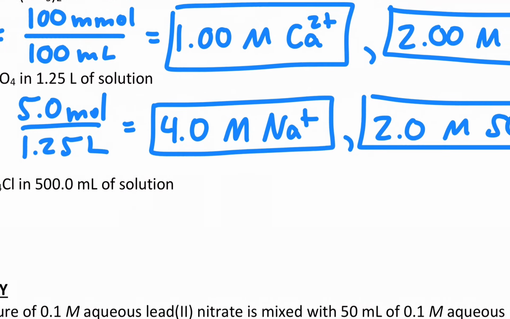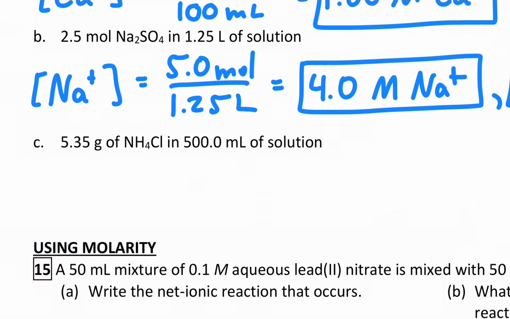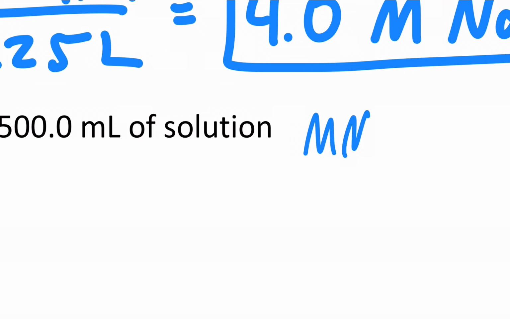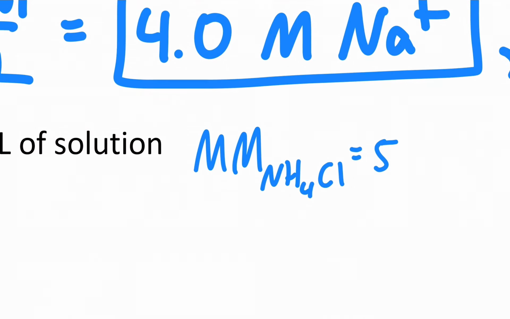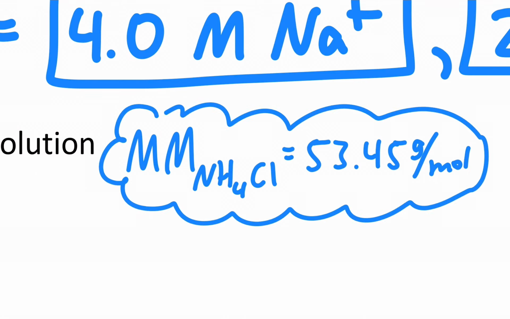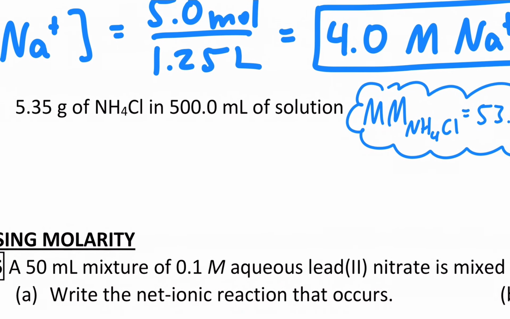And then lastly, let's take a look at this sample of ammonium chloride. Here they give us a mass. So I actually need the molar mass of ammonium chloride. The molar mass of NH4Cl is 53.45 grams per mole. I needed a periodic table to add up 1 nitrogen, 4 hydrogens, and 1 chlorine.